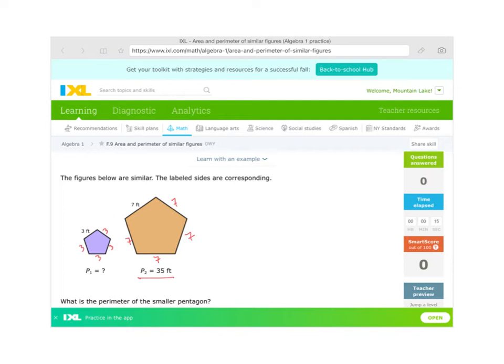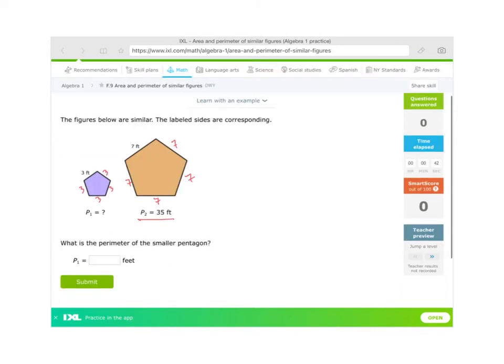So what's our perimeter for the first diagram? Should be 15. We can even work it in a different way using the ratio and compare. So 3 ratio 7. All of them are in the same ratio, 3 ratio 7. So this would be 15. Let's plug that in.